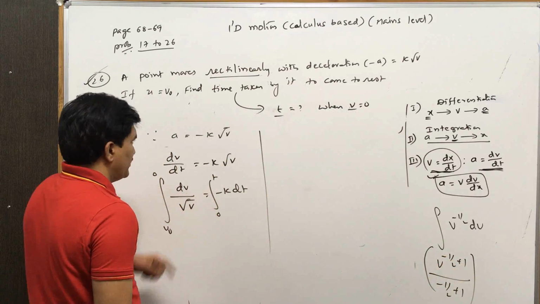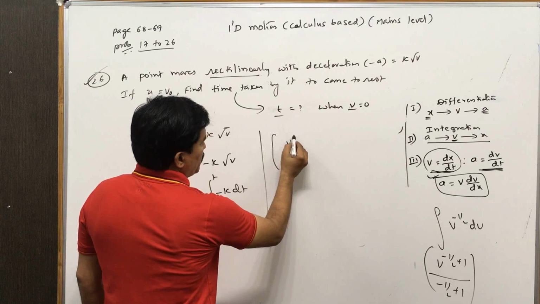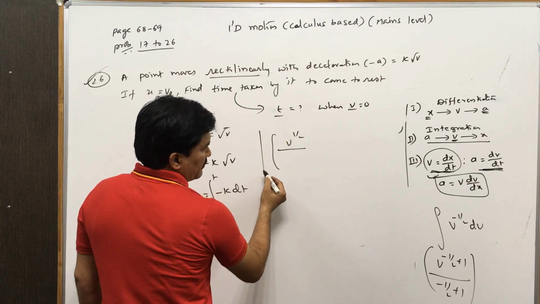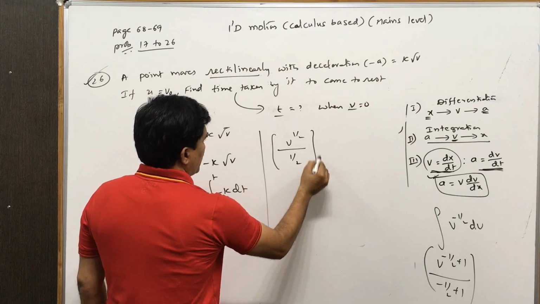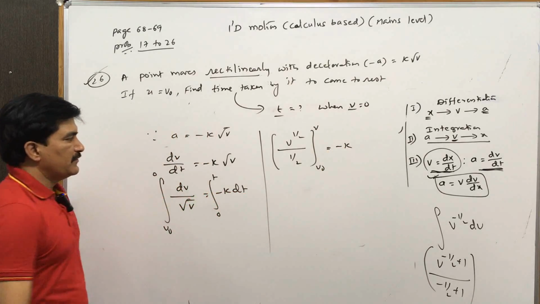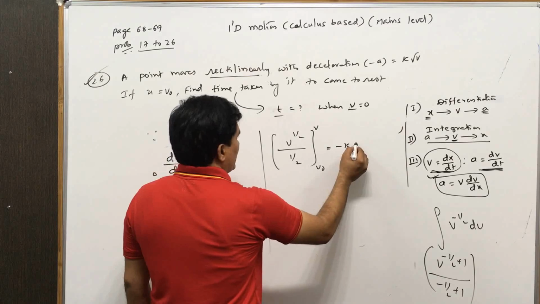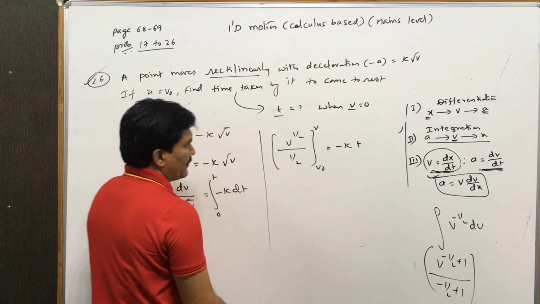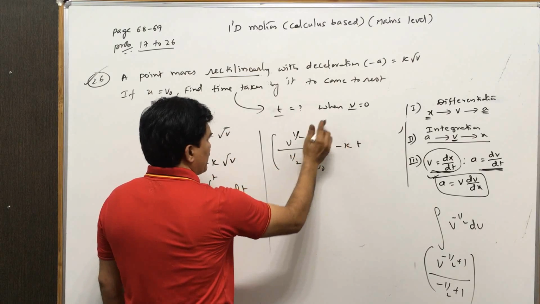So, it leads to v power 1 by 2 upon 1 by 2, from v naught to v, that is equal to, if I take k out of the integral as it is constant, integral of dt refers to delta t, which is nothing but here t. Okay. So, substituting upper limit and lower limit, you will get the required thing.